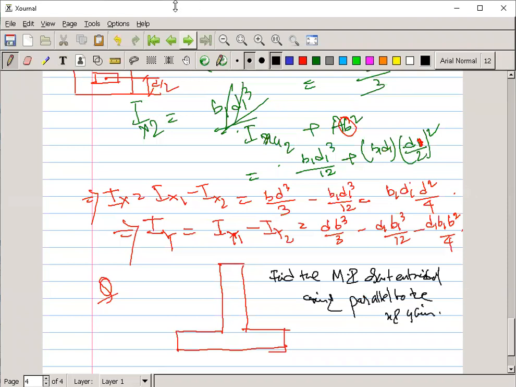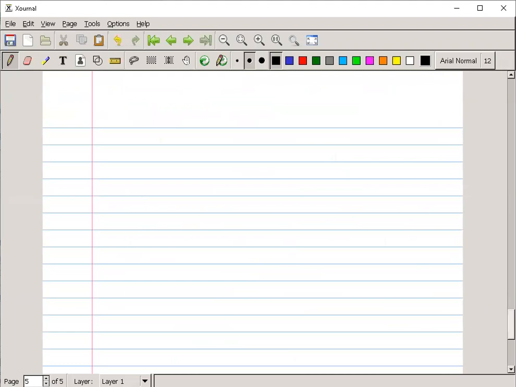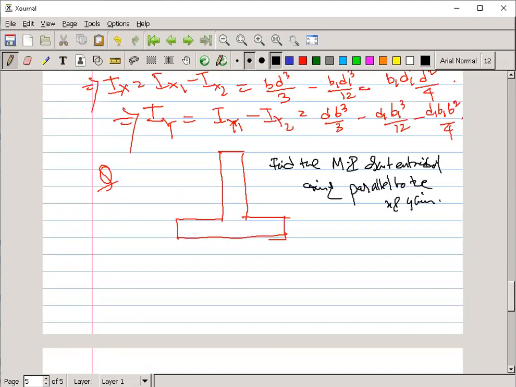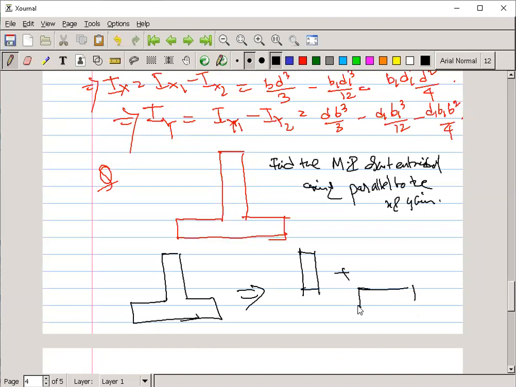Simply, we all know this is nothing but a composite section, which means this one plus this one, and the distance.